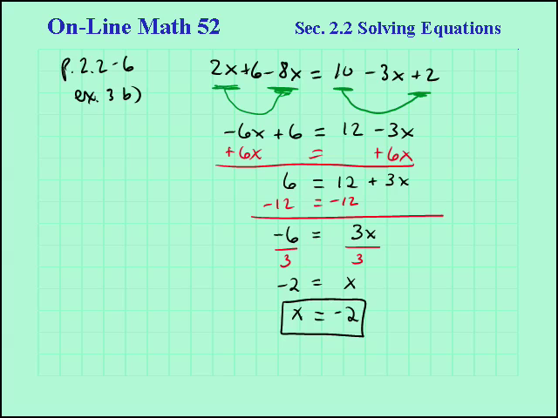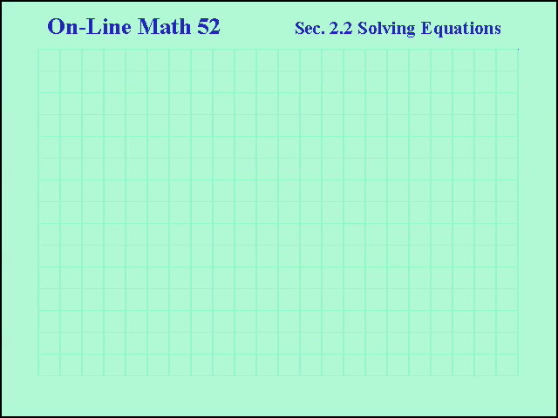I have one last example to show you from this section 2.2. It is example 4. It is found on page 8. And I am again going to do part B. And I won't do the check because the check is in the textbook. So you can look at that.